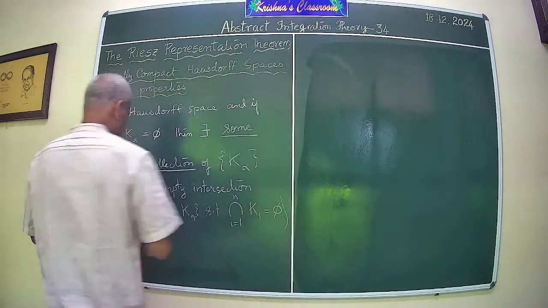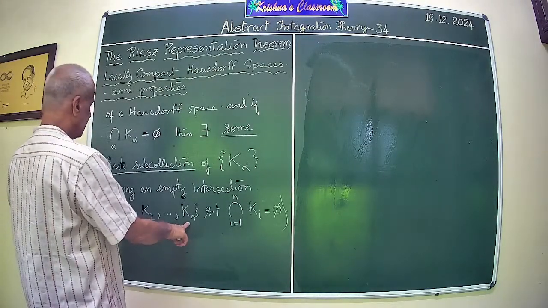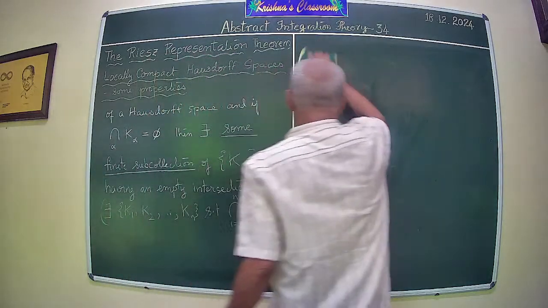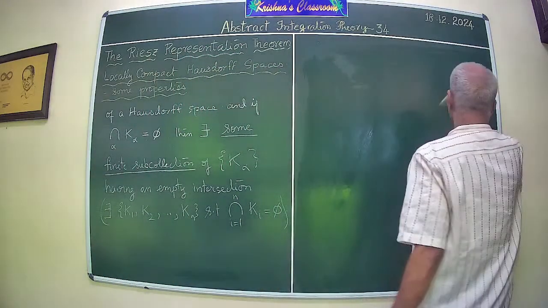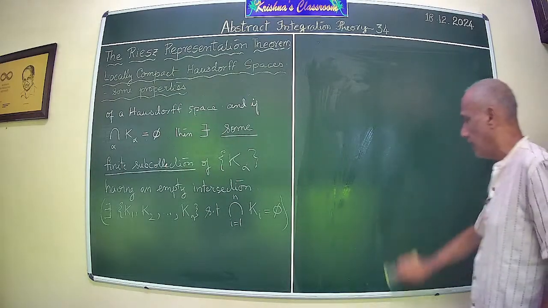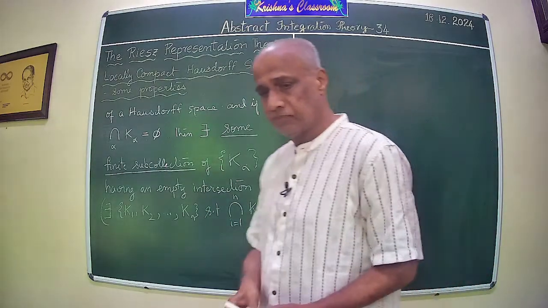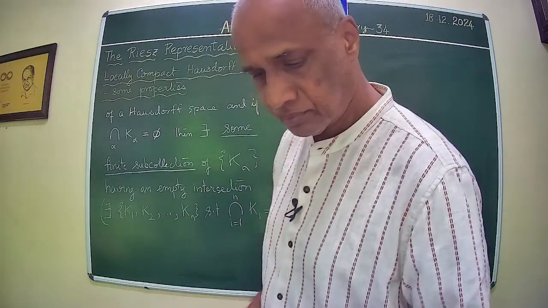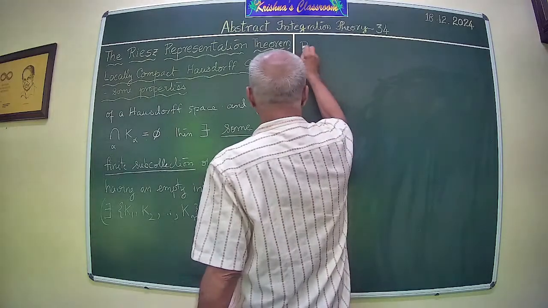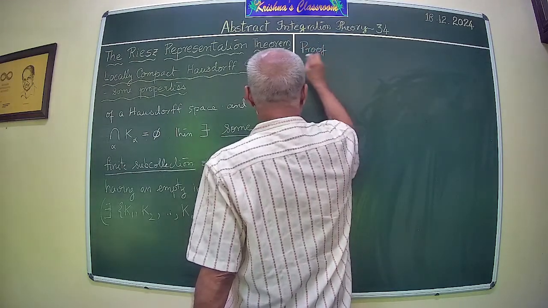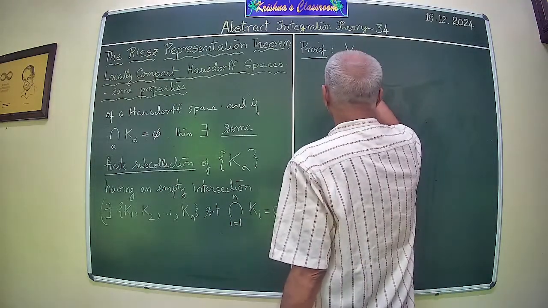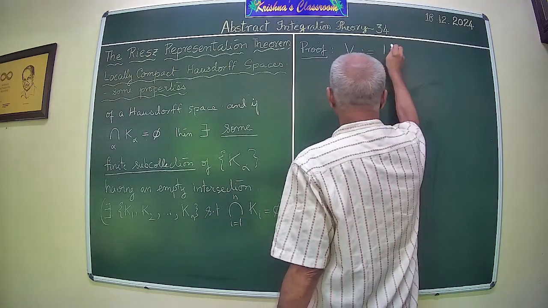To prove this theorem, we have to, in a way, construct this K1, K2, etc., Kn. How do we do this? So we start with an arbitrarily picked compact set among the K alpha. Now you see that define V alpha to be equal to the complement of K alpha.